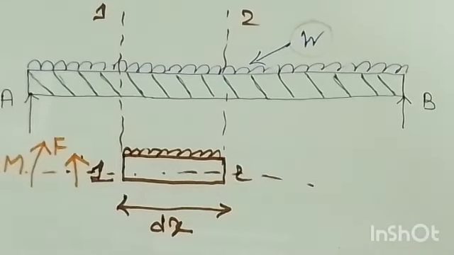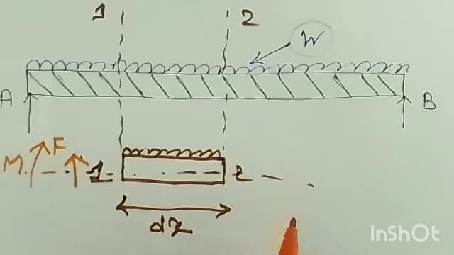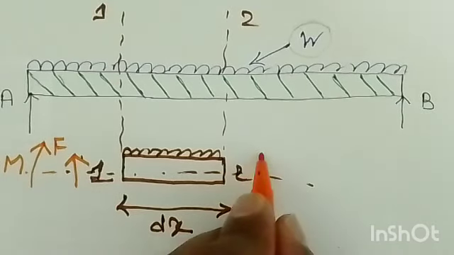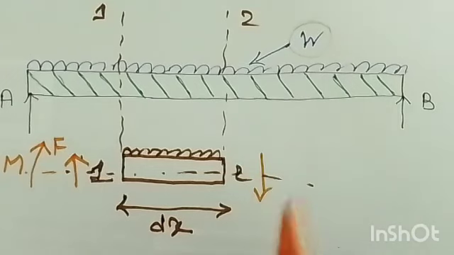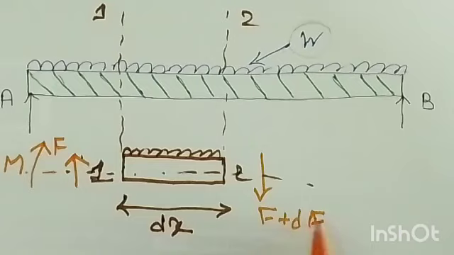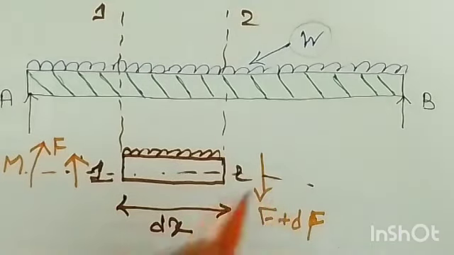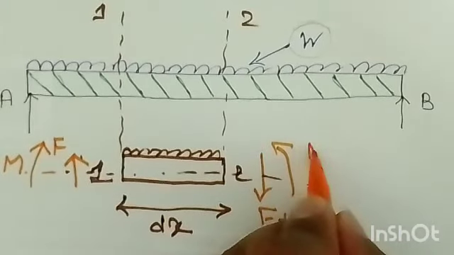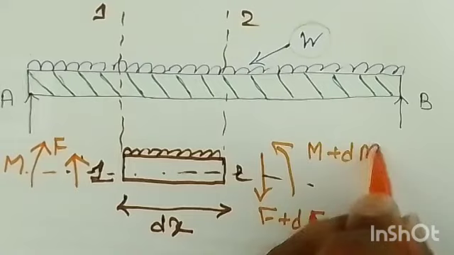Similarly at section 2 the shear force will be vertically downward with magnitude F plus dF, and the bending moment will be anti-clockwise with magnitude M plus dM.